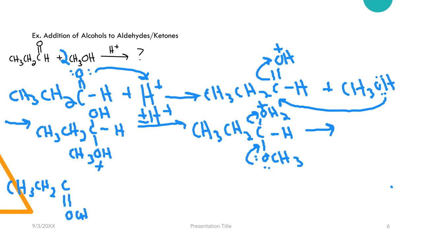So now we have a positive charge on this oxygen here, which is just adjacent to this. So it's going to react with another mole of alcohol in the same way the other one did. A lone pair of electrons from oxygen will attack carbon, which breaks the double bond. Bonding electrons go to neutralize the positive charge.